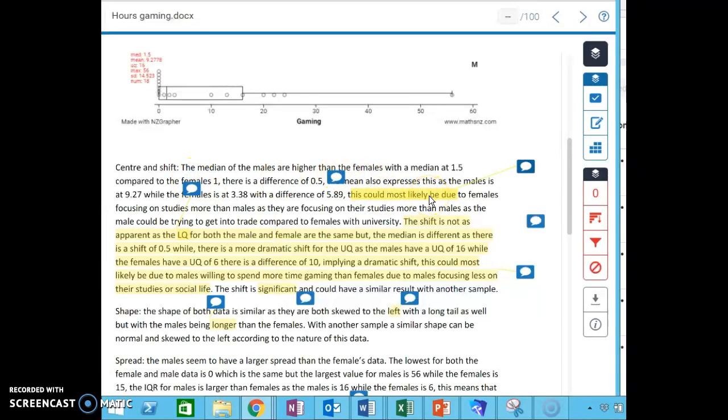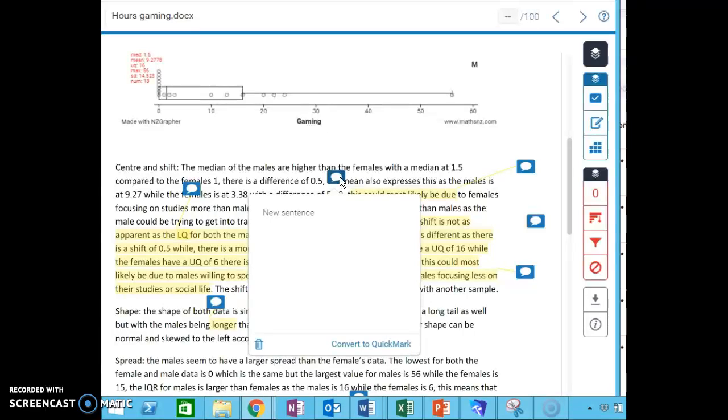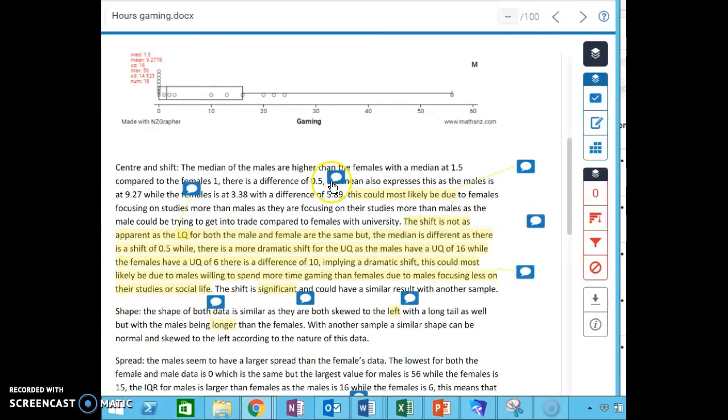This is a very common error where I'm pointing here. They've made this statement about shift and center. I've reminded them to start a new sentence, but this statement is all fine. They've done what do you see, where do you see it, and then they've tried to justify what it means. Good on them, but this needs to be more cautious. This could most likely be due to its opinion.